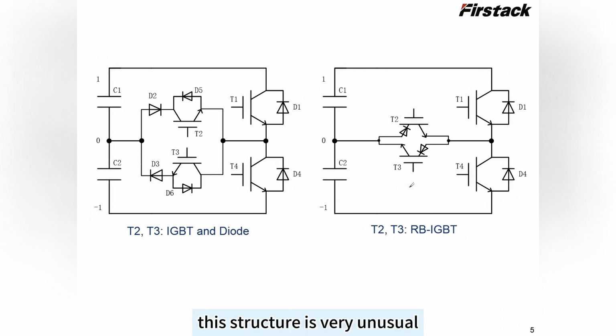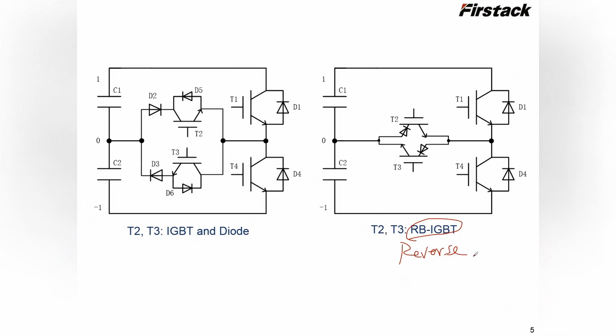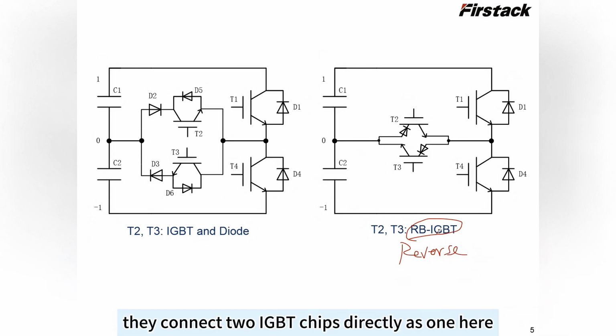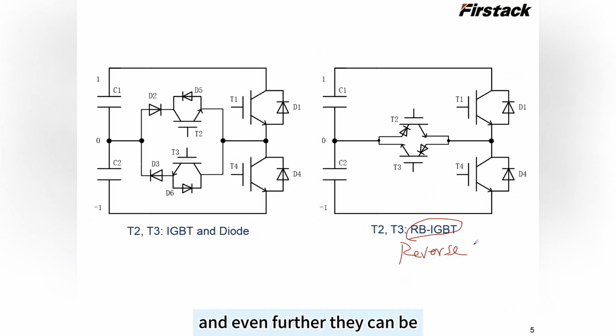This structure is very unusual, based on their special technology, which is RB-IGBT, reverse blocking IGBT. What they have done here is connect two IGBT chips directly as one, and even further, they can be connected in reverse parallel, so that they can realize this topology.